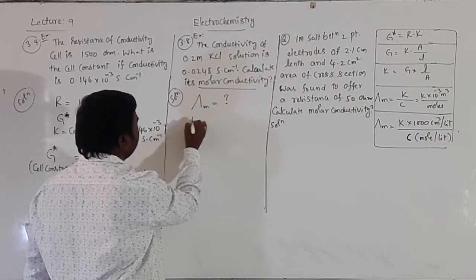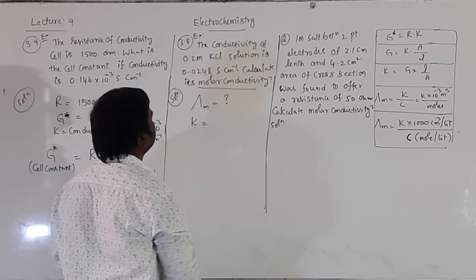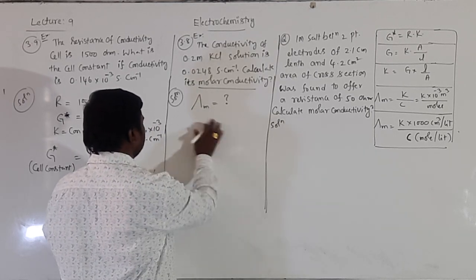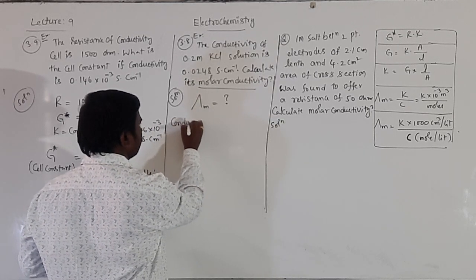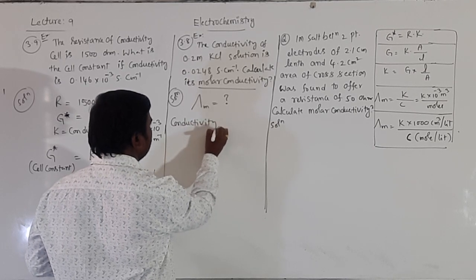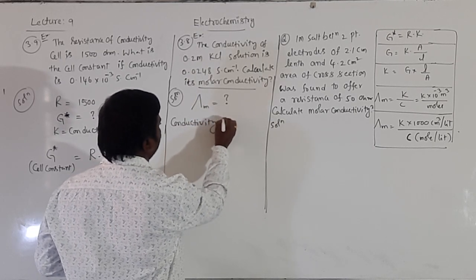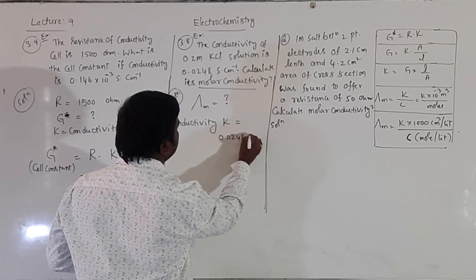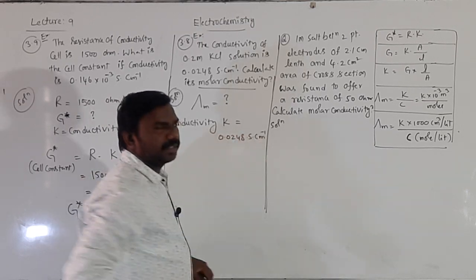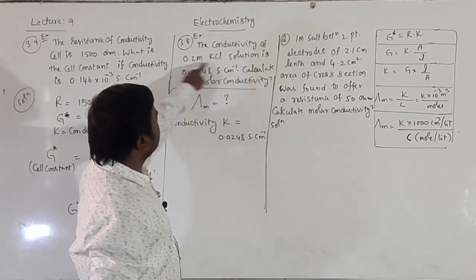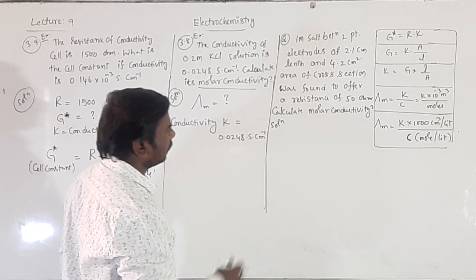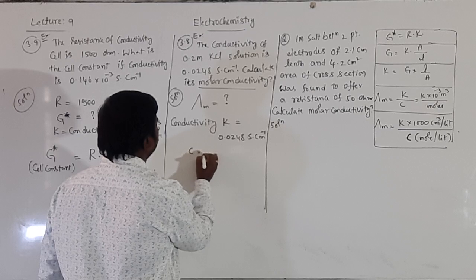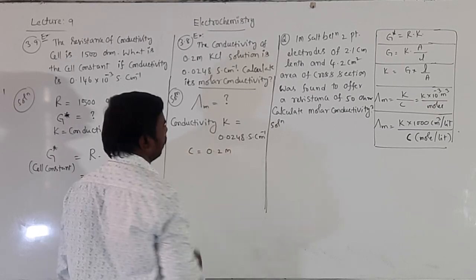Conductivity is also called specific conductance. K is equal to 0.0248 Siemens centimeter inverse, given already. Concentration C is equal to 0.2 molar.